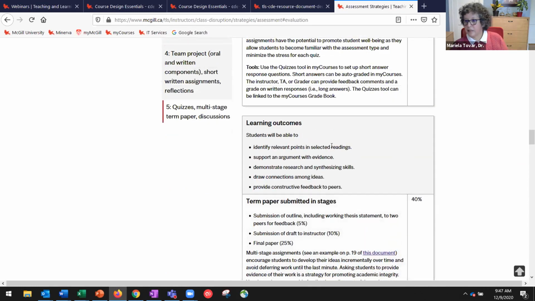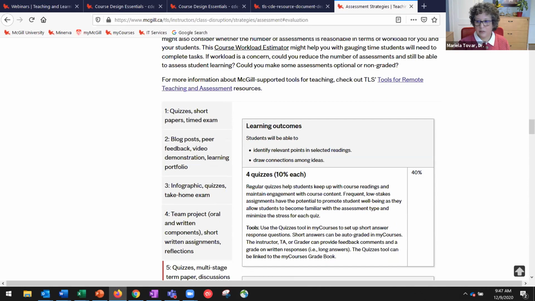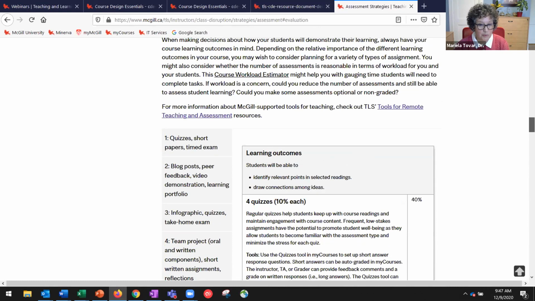Please let us know in the chat if you're having difficulty accessing the site. Otherwise, I'm going to ask you to take some time just to explore the site, look at the examples, look at how the alignment is exemplified there, and see whether you can get inspired with maybe another method that you haven't used before.